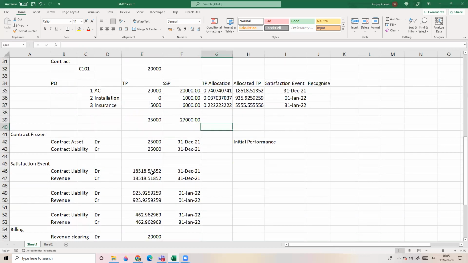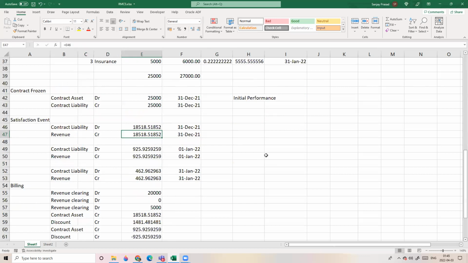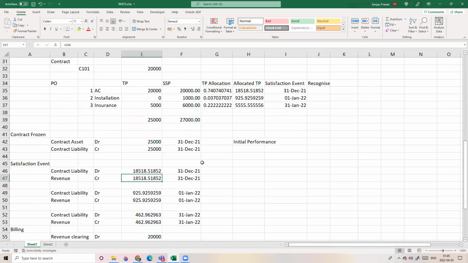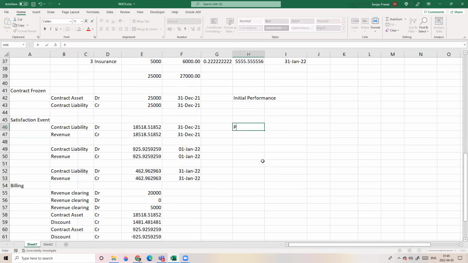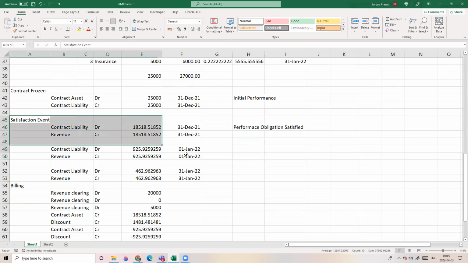So that much of contract liability gets debited and the respective revenue gets credited. Similarly, as and when the items are delivered, respective accounting will be created for those events. And that event is called performance obligation satisfied. So this is another set of accounting in RMCS.